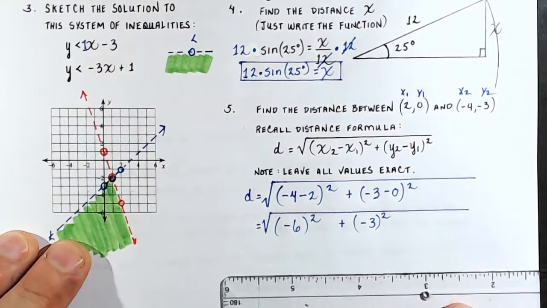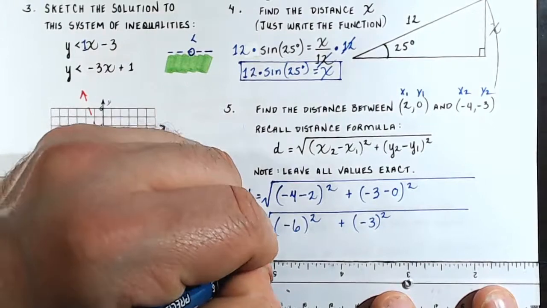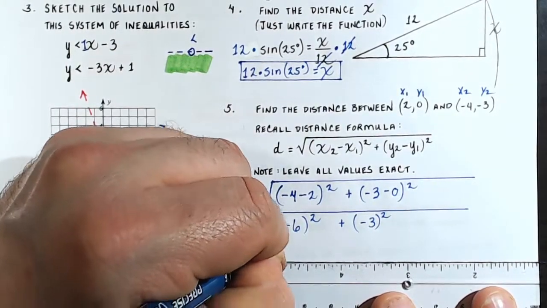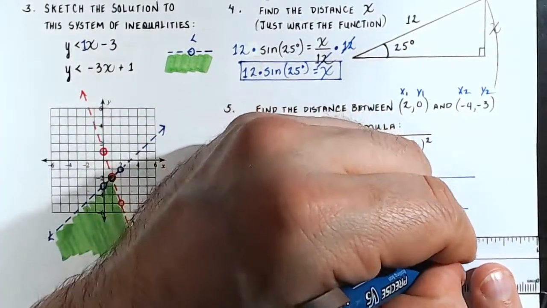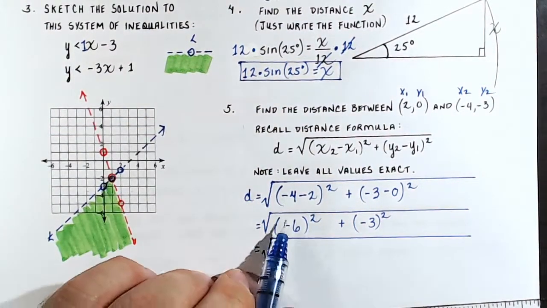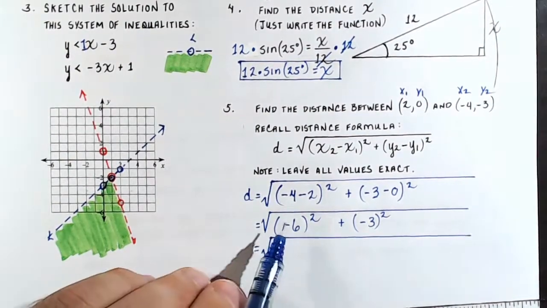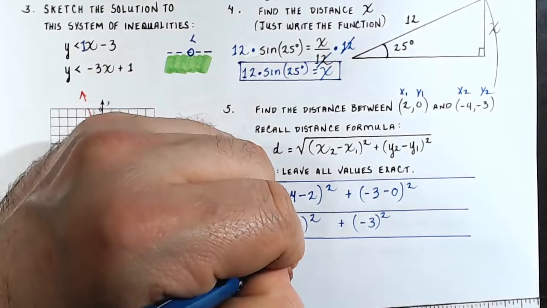Okay, so we're just going to perform these little operations now in our next iteration. Negative 6 times negative 6 is positive 36. So negative 6 squared is 36.